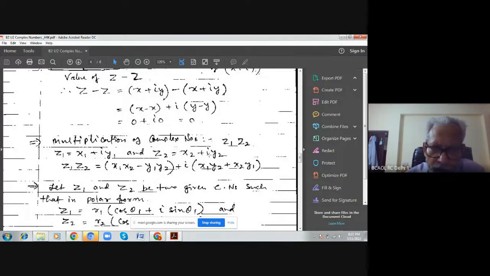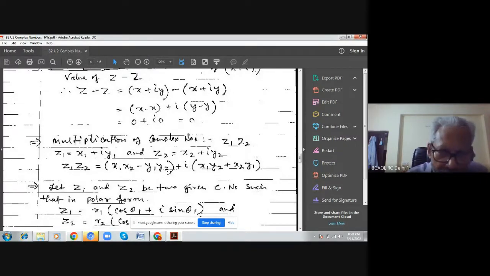Now you can multiply x1 into x2 this side, and again x2 into iota. That means iota goes along with the multiplication, real part and real part is multiplication, and imaginary part and imaginary part do multiplications. Only thing is here, see, one case it is a minus, another case it is a plus. That changes at the time of multiplication, you have to be careful about it. So this is the formation for multiplication.